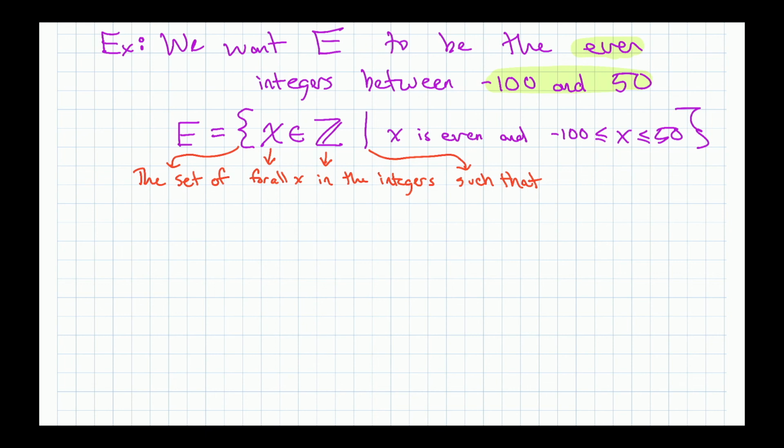Right? And there's nothing special there. All this is just exactly what it said, such that x is even and x is in between 100 and negative 150.